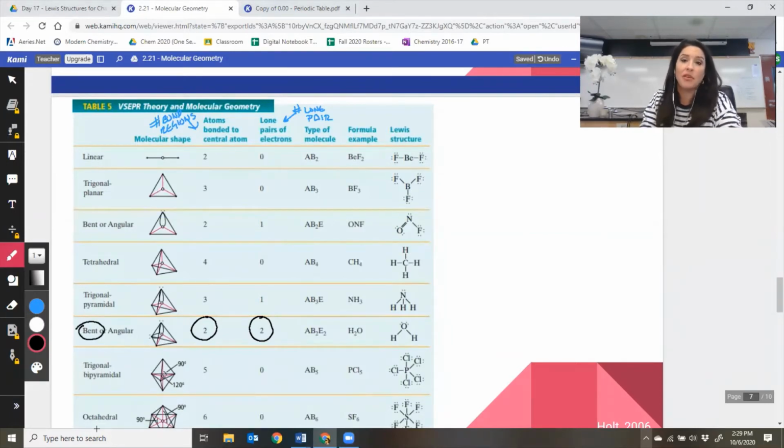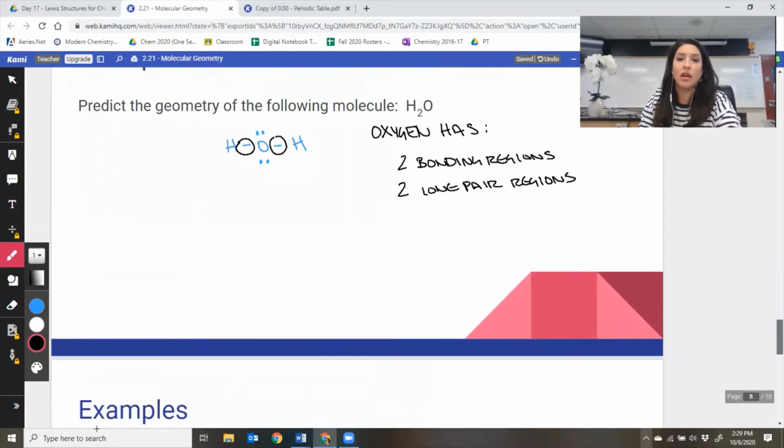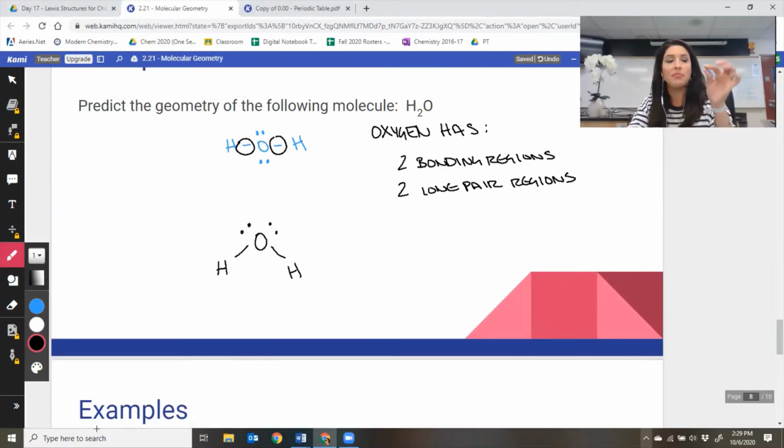And our fantastic example is right there, water. So you may often see the Lewis structure drawn like this. And that's another way for us chemists to understand that we are talking about something that is in 3 dimensions, a bent shape, such as this.